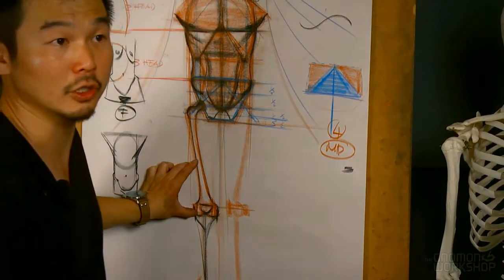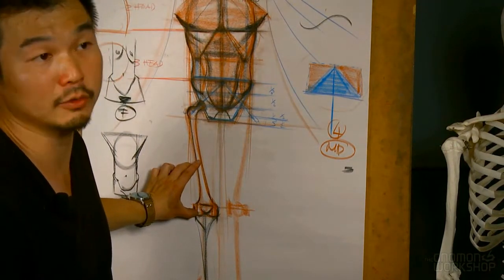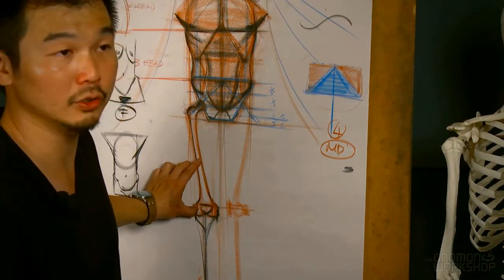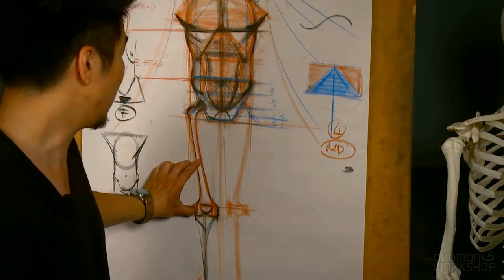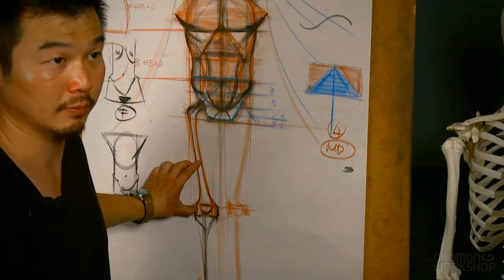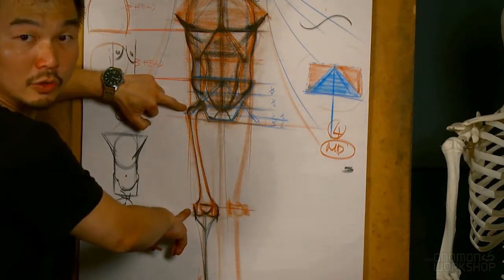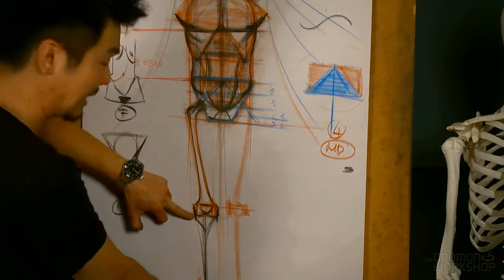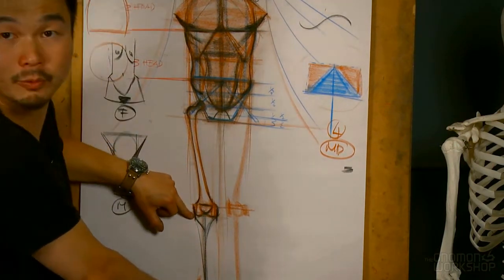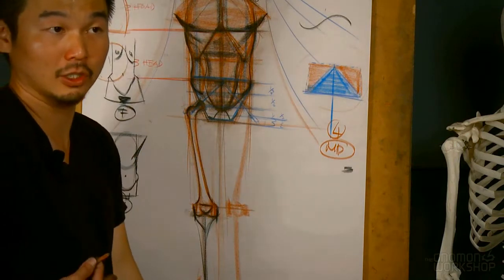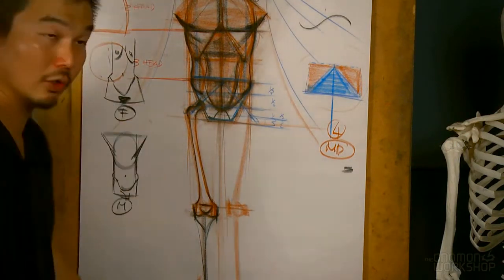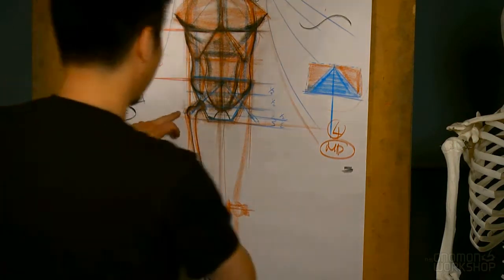Earlier I said Michelangelo has his figures all the way up to 12, 13 heads. There are parts that you can stretch, and in this part you shouldn't stretch. In this case, you need to keep it true at 2 heads. However, we can stretch the lower shin, just like when women wear high heel shoes to make legs look longer. It's not the upper thigh, it's the lower shin. So this you have to keep as 2 heads.